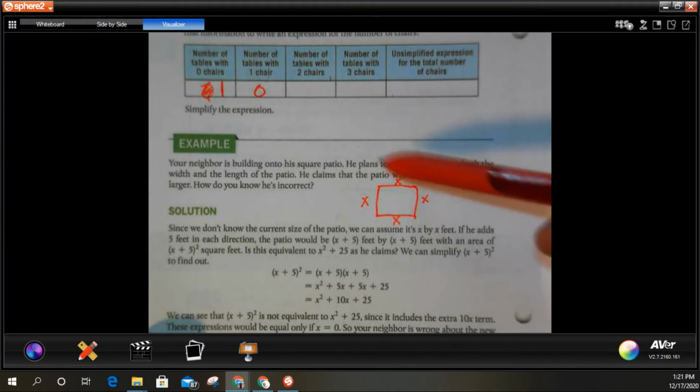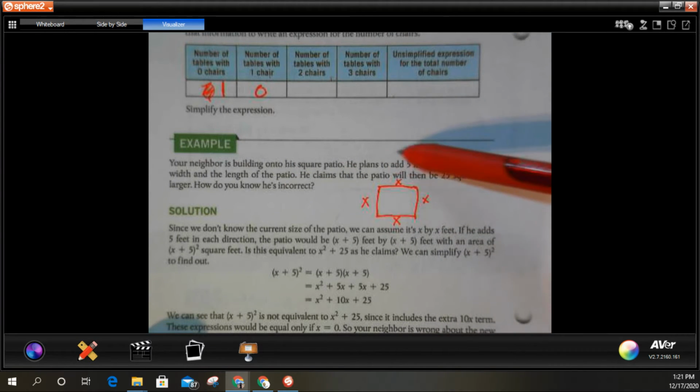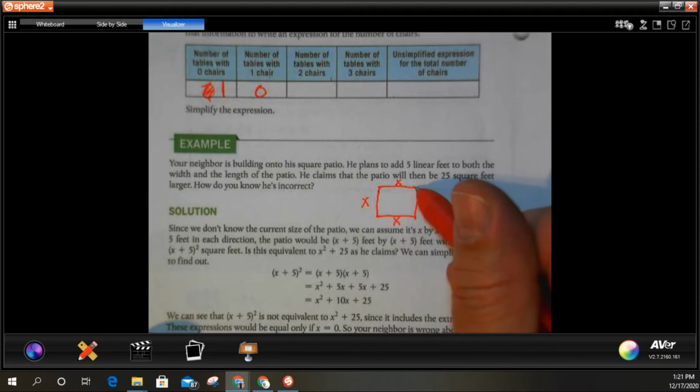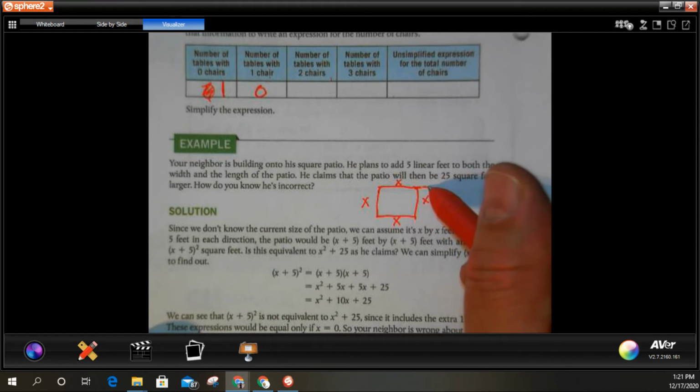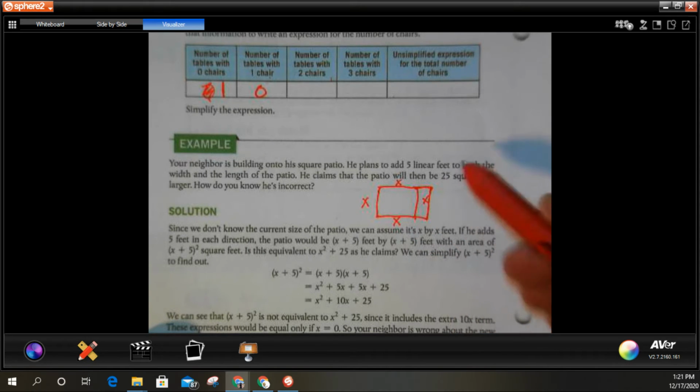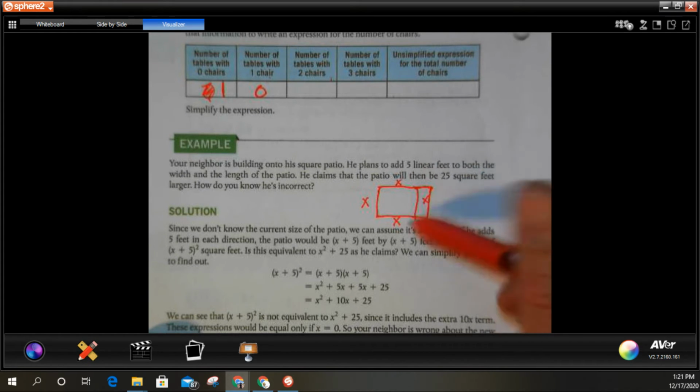Now, he doesn't say whether it's for all sides or if it's just for one side. I'm assuming he just wants to add. This is 5, this is 5. Okay, so he claims the patio would then be 25 square feet larger. How do you know he's incorrect? Because each side then, this side becomes x plus 5.